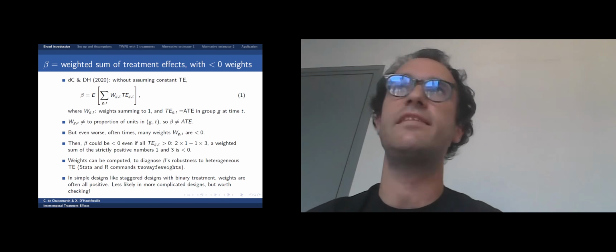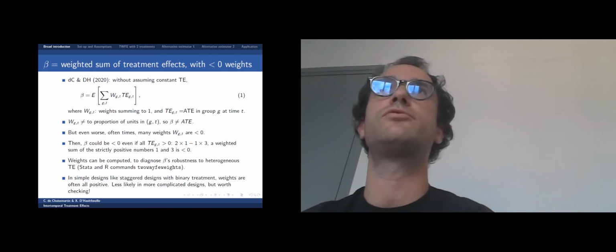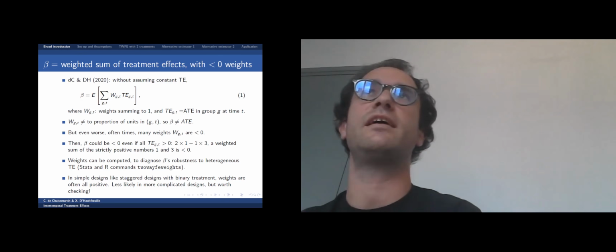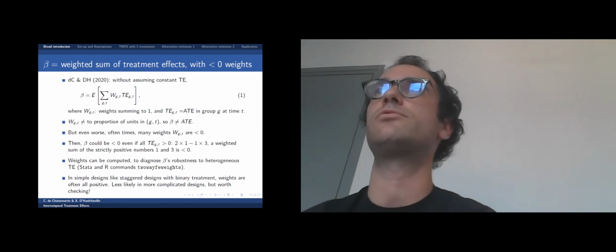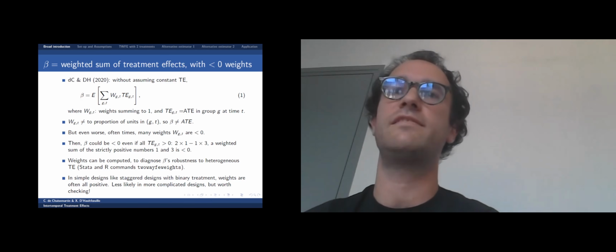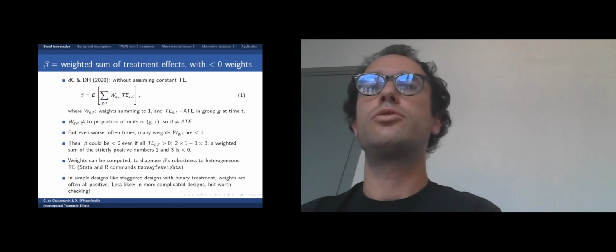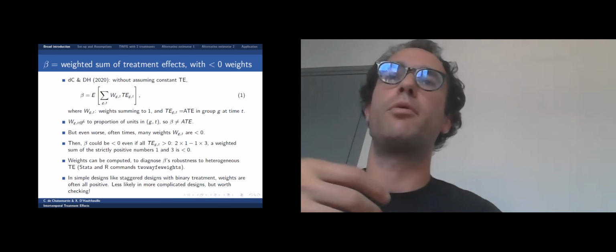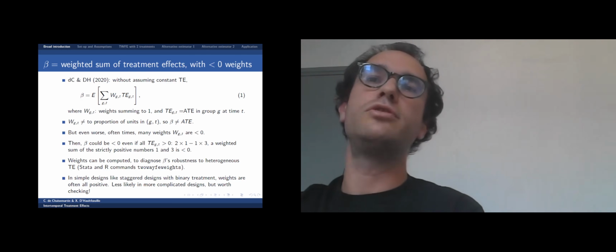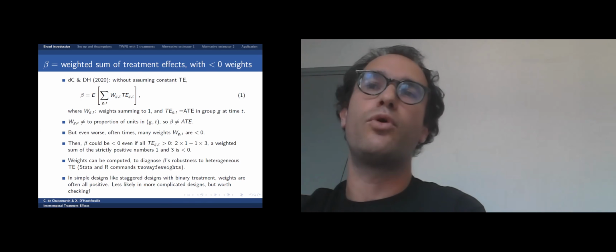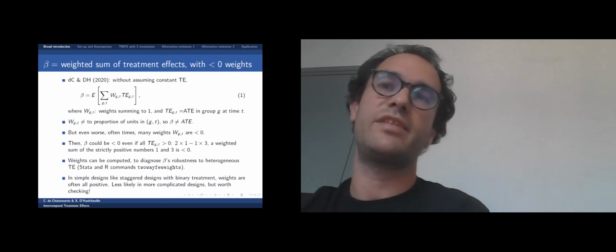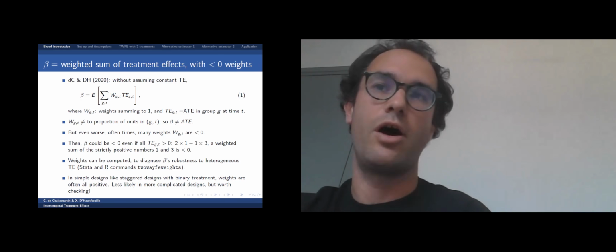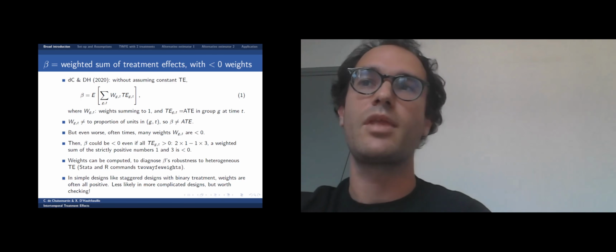So you may be estimating something like 4 times the minimum wage effect in California 1993, minus 3 times the minimum wage effect in New Jersey 1992. So the w_{g,t} weights are not equal to the proportion that units in cell (g,t) account for in the full population. And because of that, beta differs from the average treatment effect.